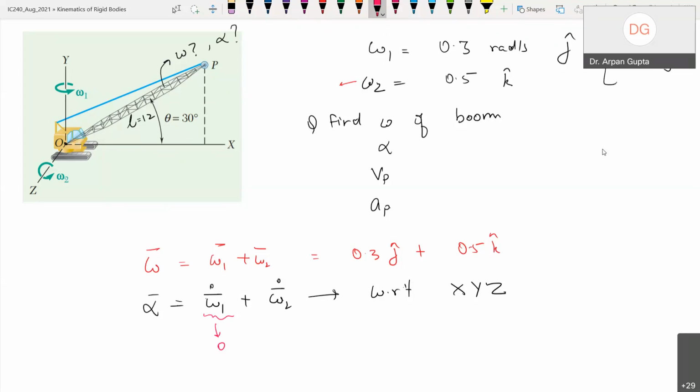But omega 2 is relative, in the rotating reference frame, and its derivative with respect to capital XYZ is equal to omega 2 dot with respect to small xyz plus omega of small xyz cross the Q vector. Omega of small xyz is omega 1, and the Q vector here is omega 2.